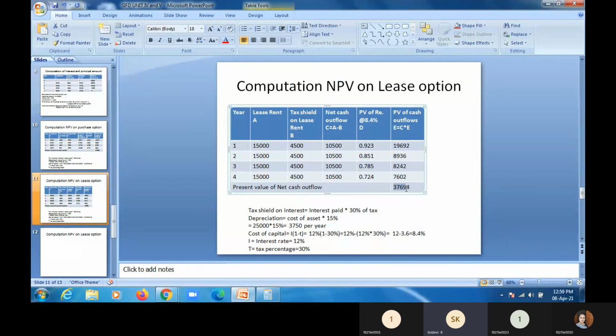So sum up these values, you will get 44,472 total value. Bold it.